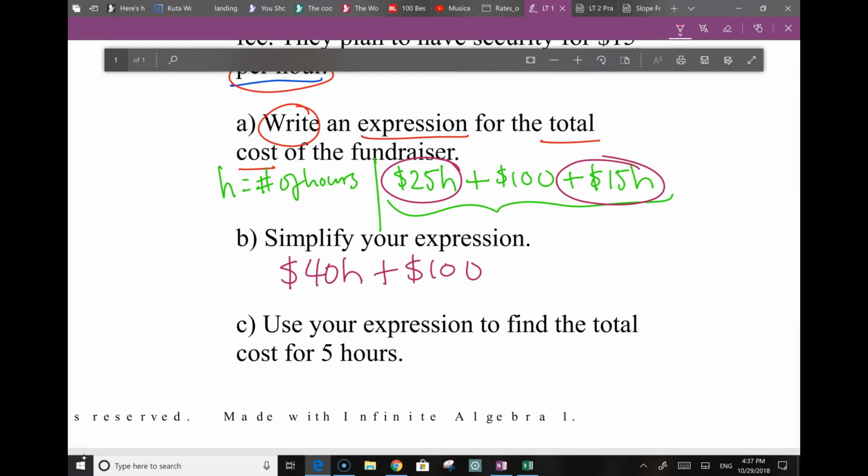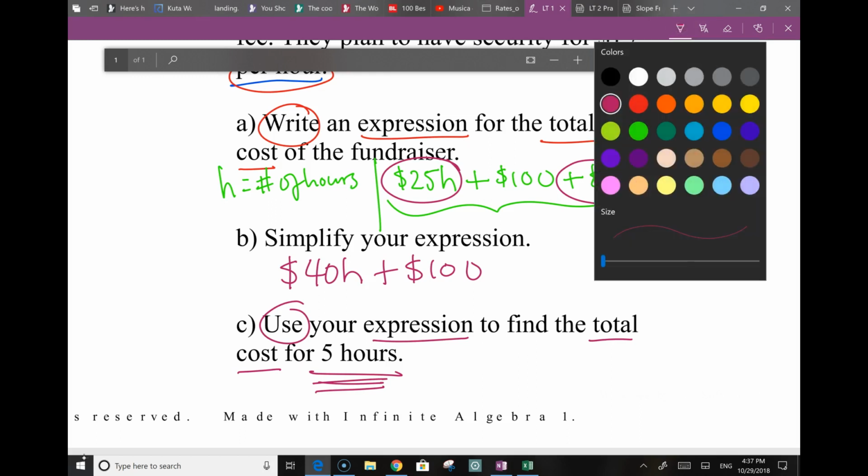Last part is use your expression to find the total cost for 5 hours. So I'm going to use the expression, okay, to find the total cost for 5 hours. So this 5 hours that we see, this is key because now I have an actual value for H that I can use to plug in to my expression. And so I'm going to do this.